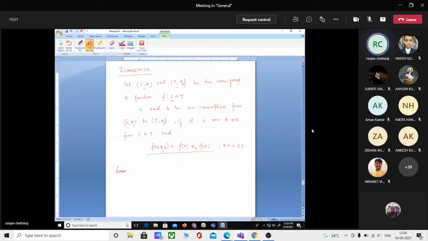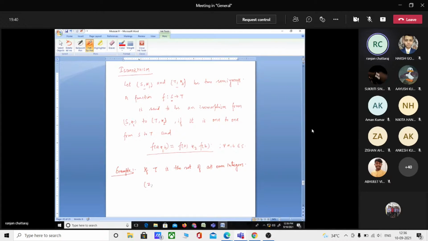Suppose B and C are the inverses of A, and B, C both belong to G. If A belongs to G and B is the inverse of A, then obviously C also belongs to G. Then what happens?